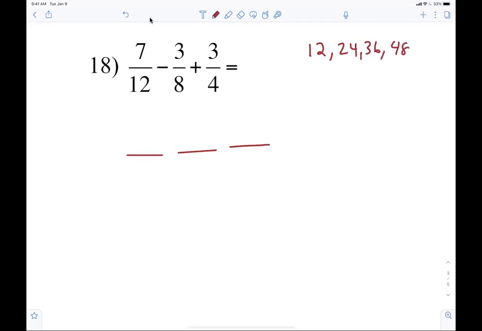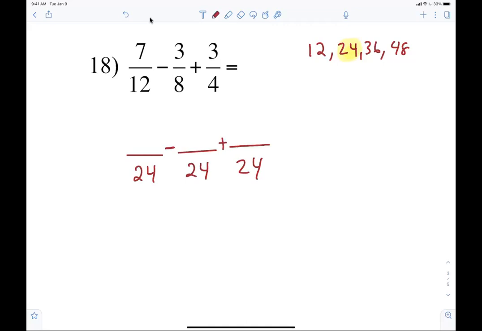Yeah. Now you look at 24. Does 8 go into 24? Yes. Does 4 go into 24? Yes. So the common denominator is what? 24. There you go. Does that make sense to you? Yeah. All right, so here we go. Let's make them all 24s. Okay, so what do I have to do to the first fraction?